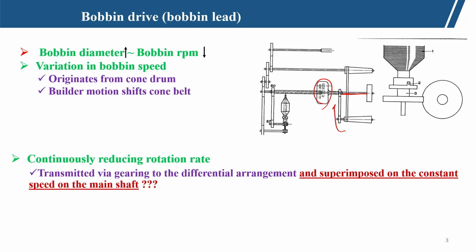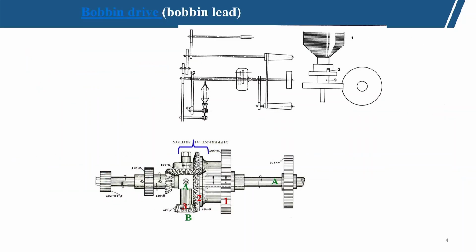The output of this epicyclic gear system goes to the bobbin, but the spindle gets constant motion directly through the hollow shaft from the main shaft. So, the resultant movement goes to the bobbin drive. That is how we get the higher speed.